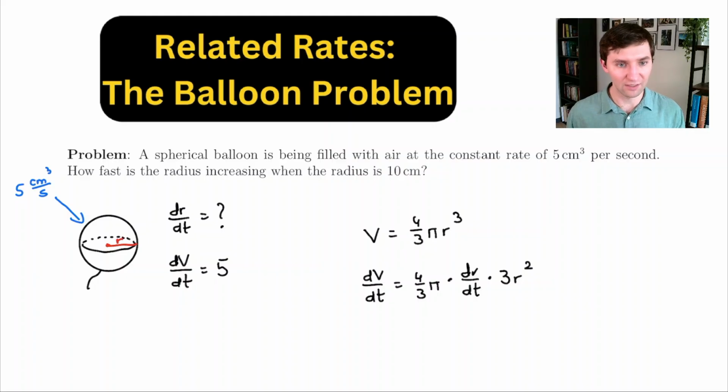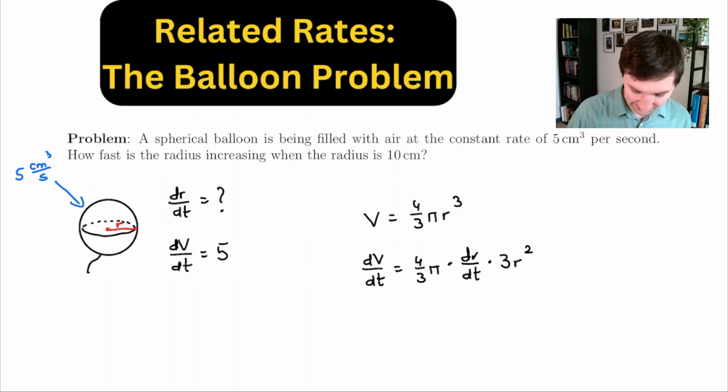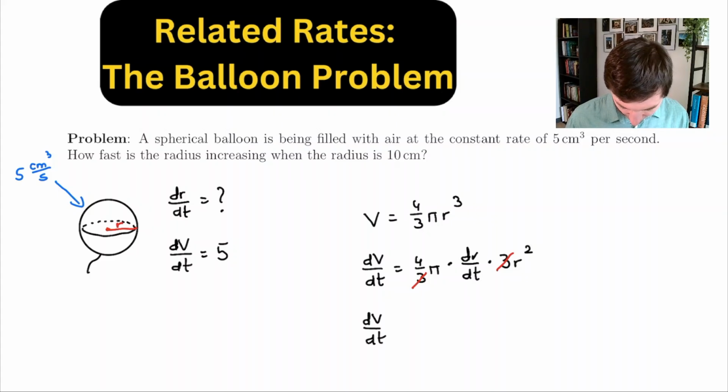Let's simplify this equation and solve it for dr/dt. The first thing I see is that I have 3 in the denominator and 3 in the numerator, so I can divide those out. Then I get that dV/dt is 4 pi r squared dr/dt.